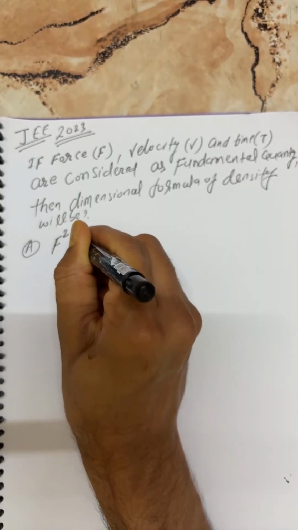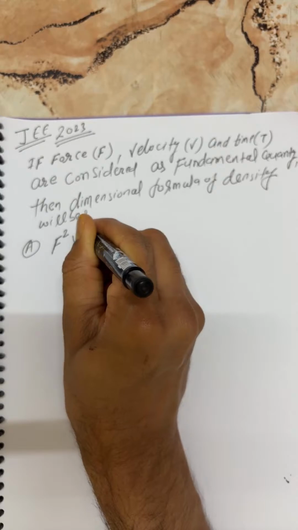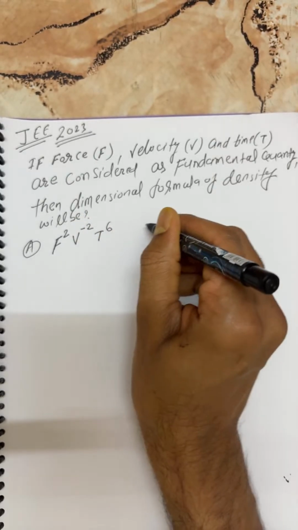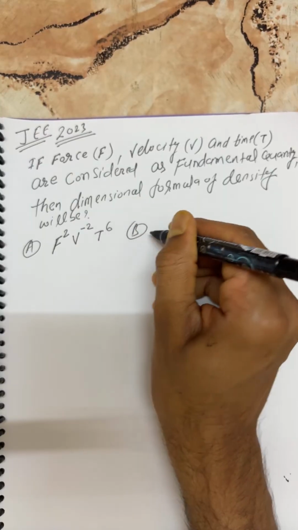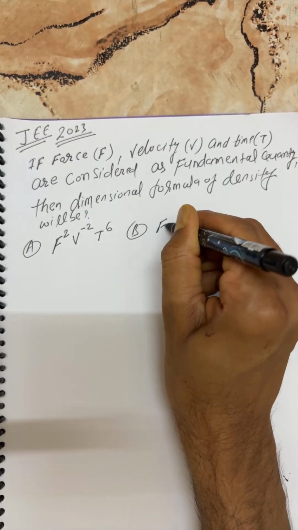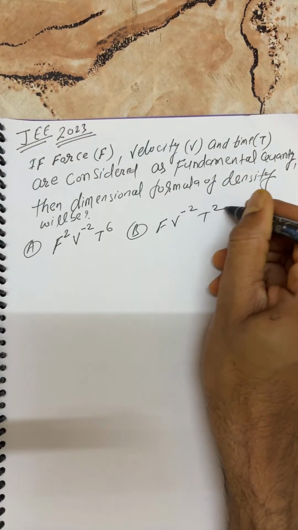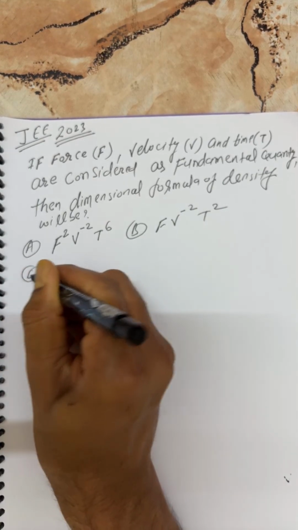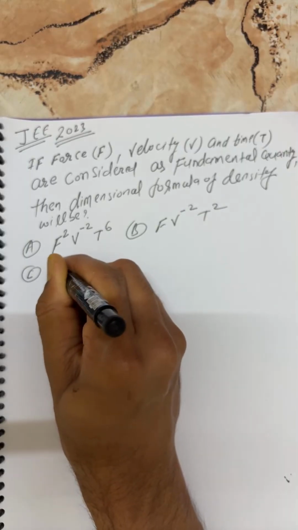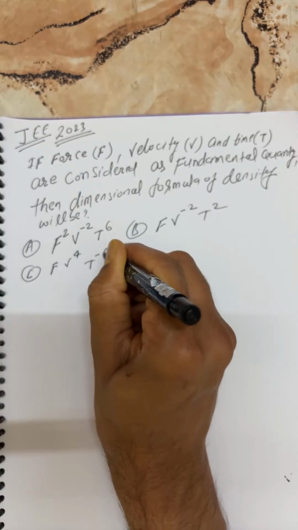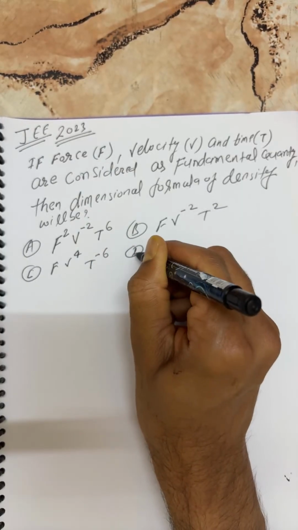F to the power 2, V to the power minus 2, T to the power 6. Bombay student, F V to the power minus 2, V to the power 2. Canada student, F V to the power 4, T to the power minus 6.